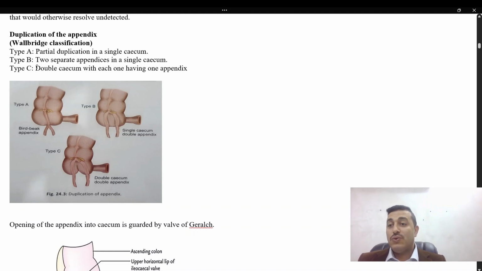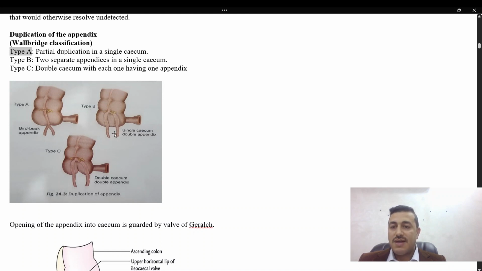Actually, let's return to duplication of the appendix. It's the Wallbridge classification. You can see here type A, where we have partial duplication with a single cecum. You can see here a single cecum and the paired appendix. We have one appendix here, and an appendix here. Type B, we have two separate appendices from a single cecum.